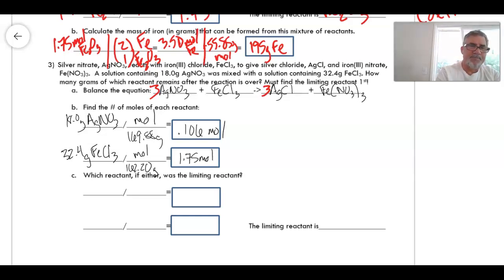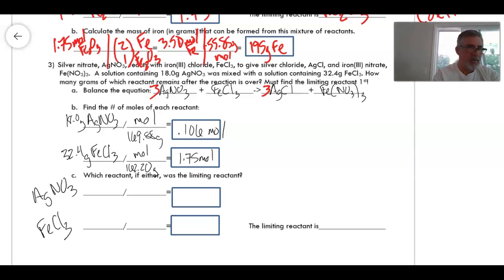Then I can just simply figure out my ratios for my limiting reactant. So here I got 0.106, and down here I had 0.199 moles. I wrote down the wrong number earlier, so I apologize for that.